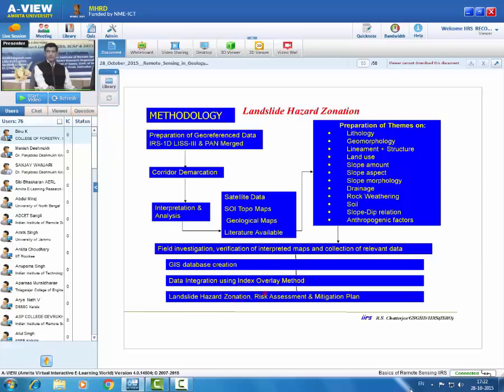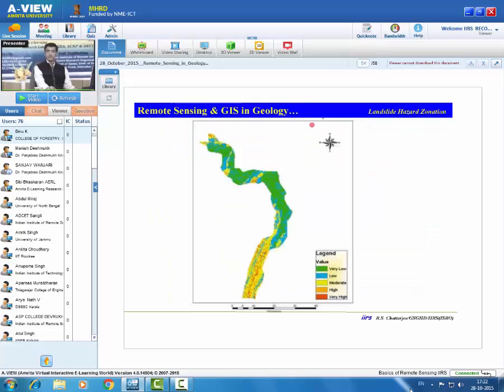So finally, landslide hazard zonation or risk assessment of this area has been prepared. This study was done for the northeastern area from Shillong to Aizawl. So you can see this red means it is a very high hazard zone. So this is the area where landslides can occur frequently.